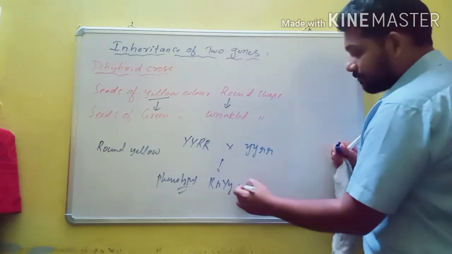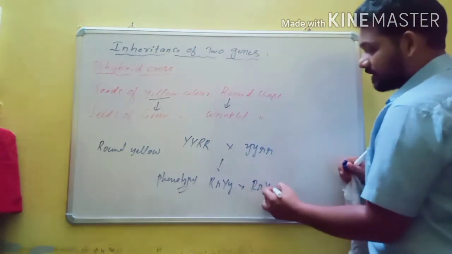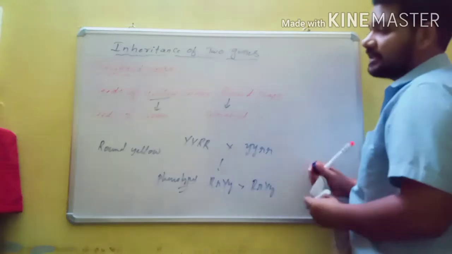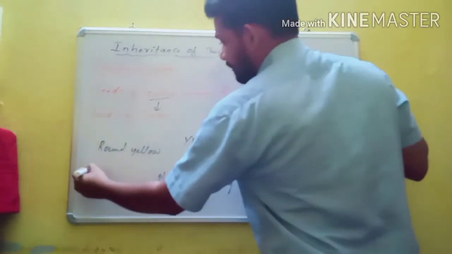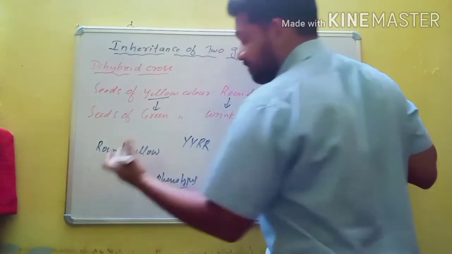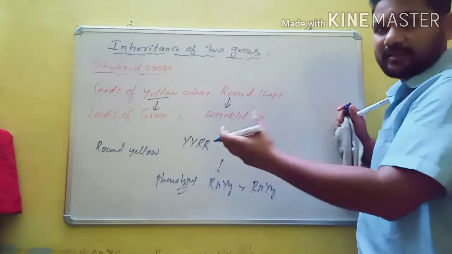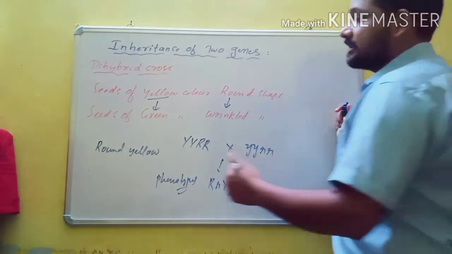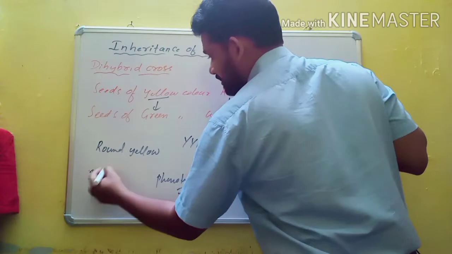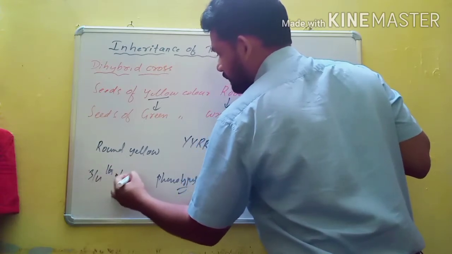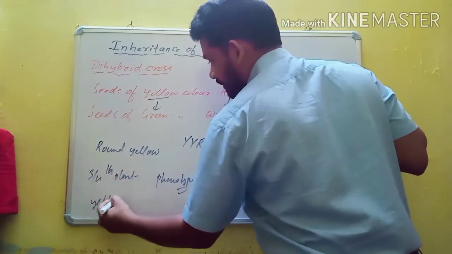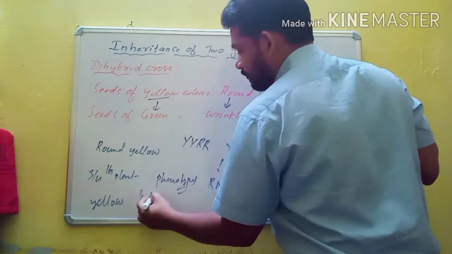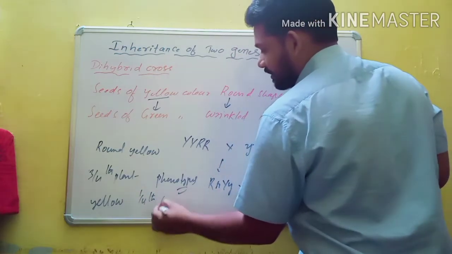When these F1 hybrids are self-fertilized, in the F2 generation, 3/4 of the plants are yellow, and only 1/4 of the plants are green in color.